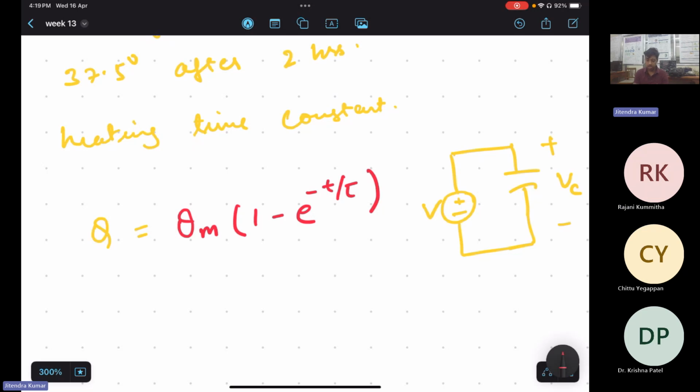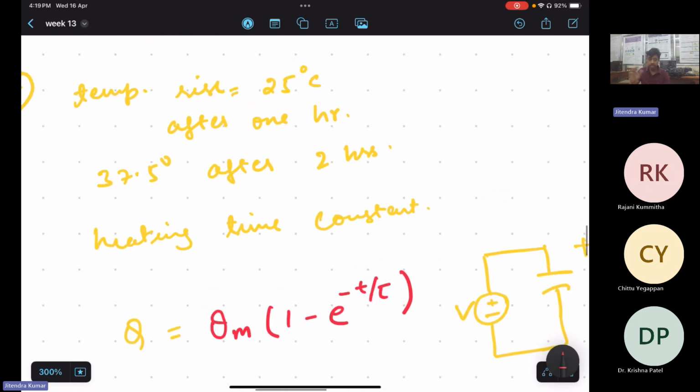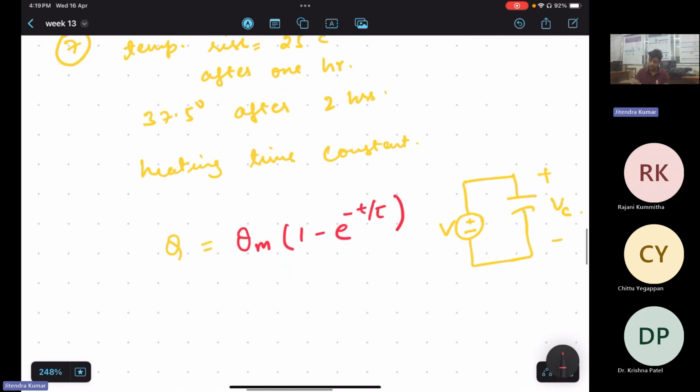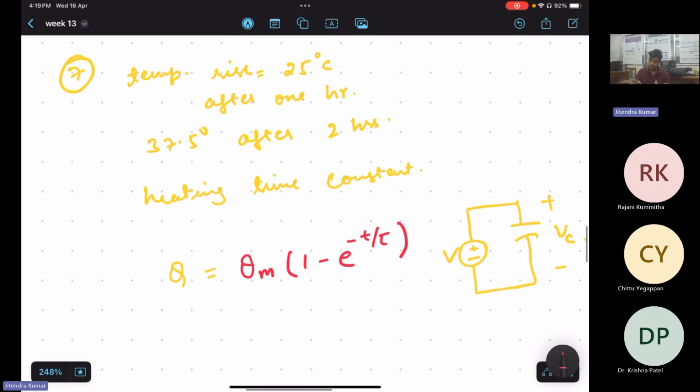We are given two conditions, similar to an RC circuit where after some certain time we have reached a certain potential. Here, the temperature after 1 hour is 25 degrees centigrade.